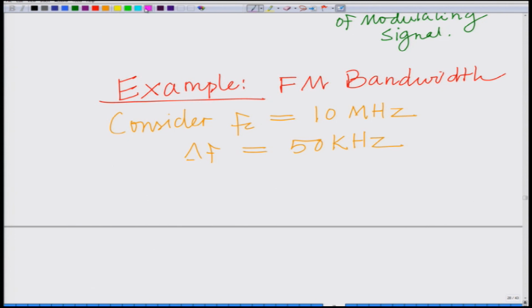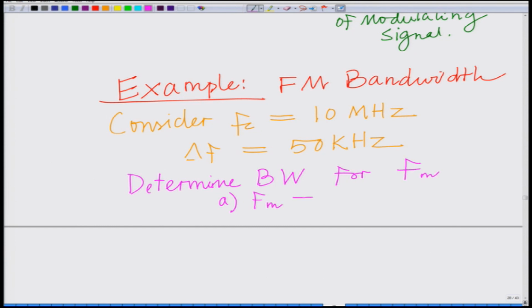Now, we would like to determine the bandwidth for FM corresponding to A for FM, that is values of FM, the maximum FM frequency given below.